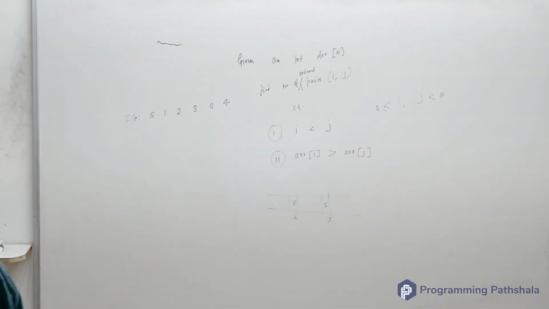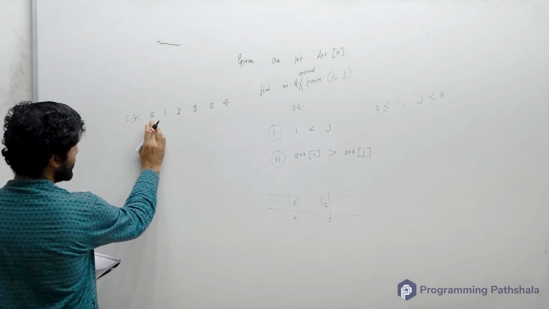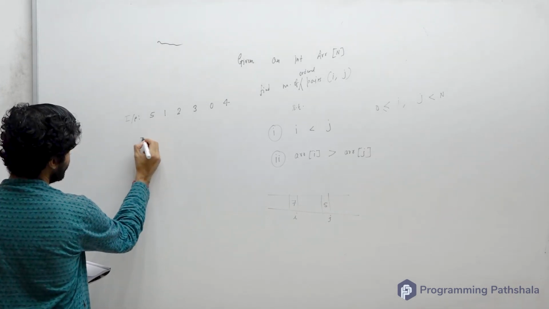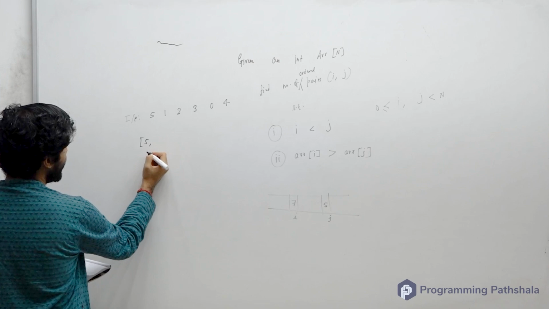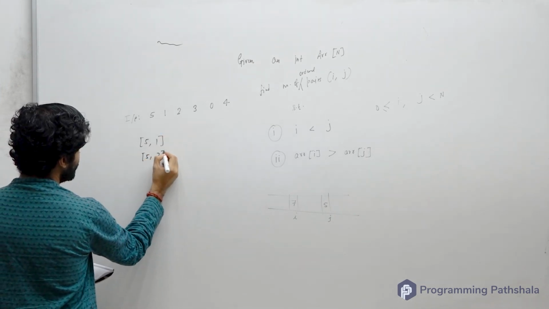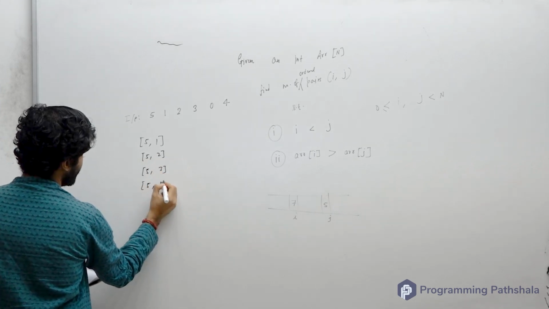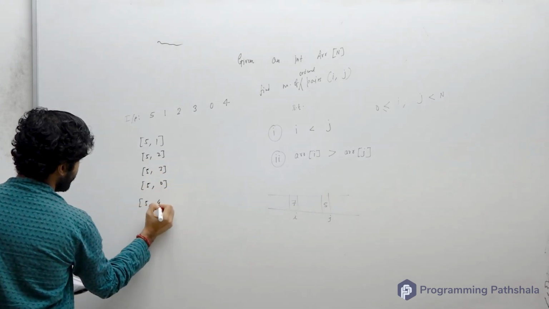Okay, so we saw that there were 8 such combinations, and those combinations were, if let's say my array i is 5, then with respect to 5 I can have 1, with respect to 5 I can have 2, I can have 3, I can have 0, and I can have 4.